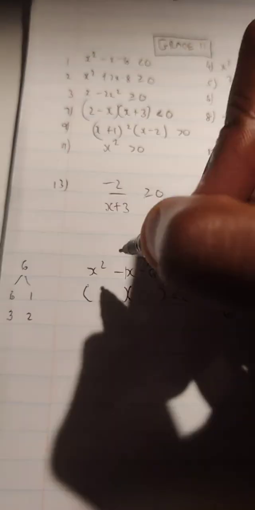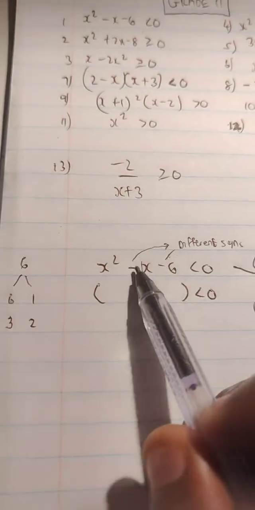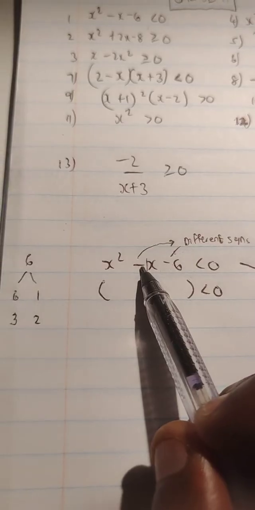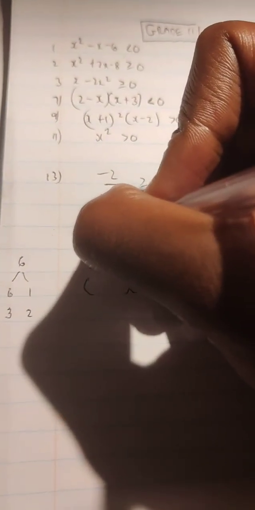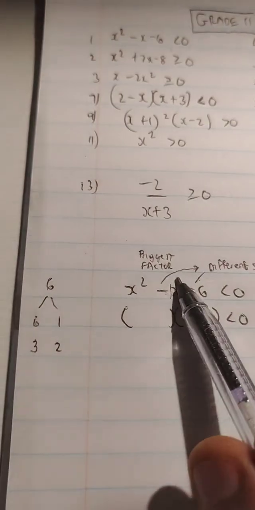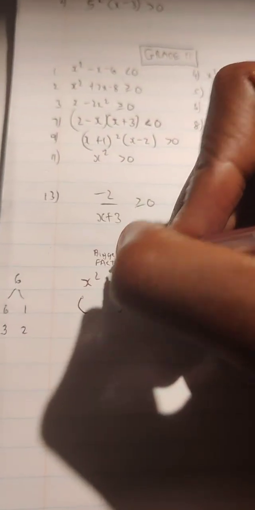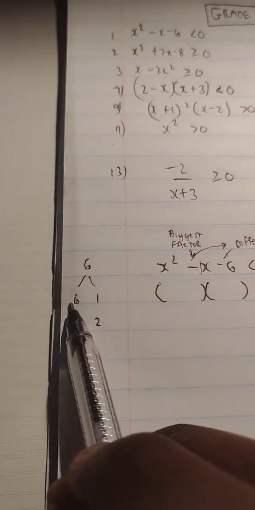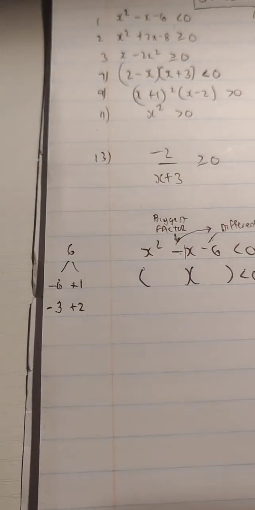The biggest factor is going to have the negative sign. So in 6 and 1, the biggest factor is negative 6. For 3 and 2, the biggest factor is negative 3. The others are going to be positive.